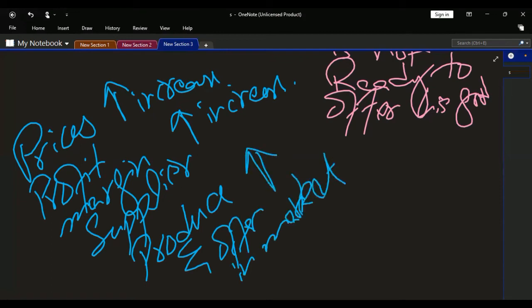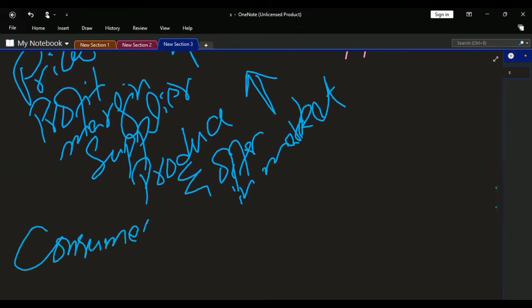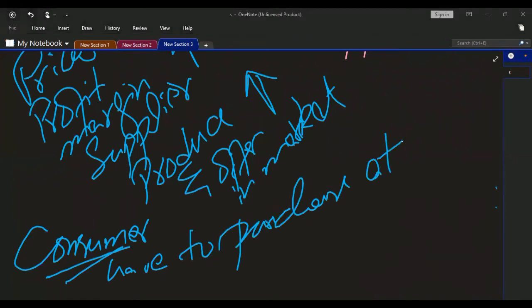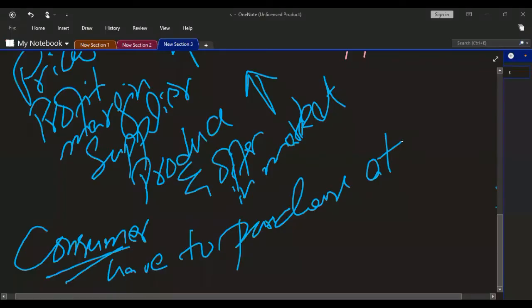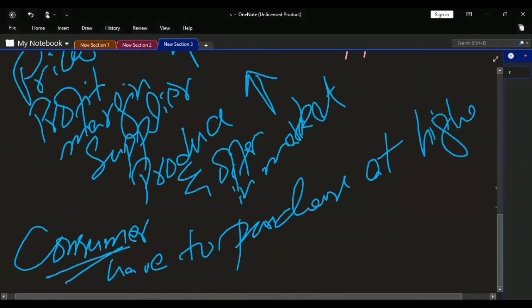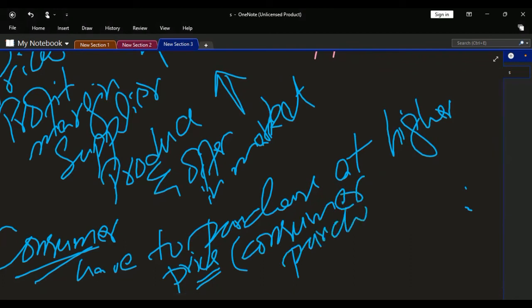So when the supplier increases the supply of its products, the consumer has to purchase it at some higher price, due to which the consumer's purchasing power decreases.